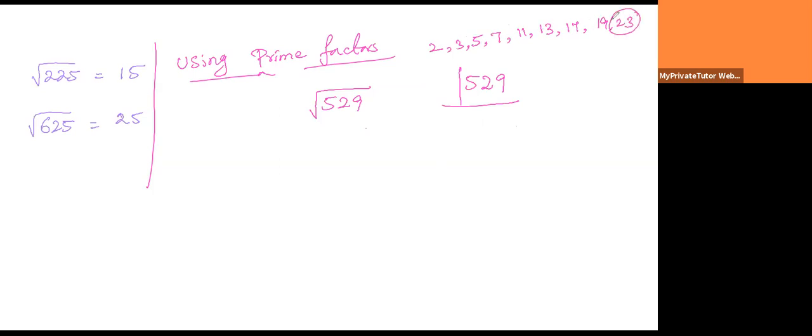Let's try 23. 23 twos are 46, and we have 69. So 23 times 23 is 529, and the square root of 529 is 23. So why we didn't get any other numbers other than 23 is because we have taken the square root of this number.